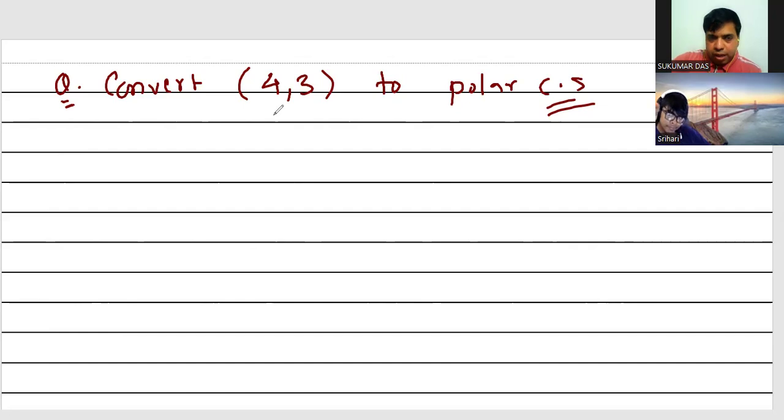So how to do it? Already x is given, already y is given. So we solve for r first, right? So x squared plus y squared equals r squared. So that's 4 squared plus 3 squared equals r squared. So that's 27 equals r squared.